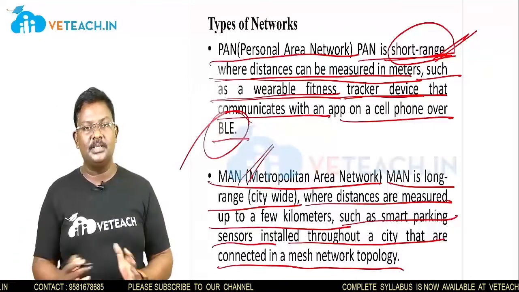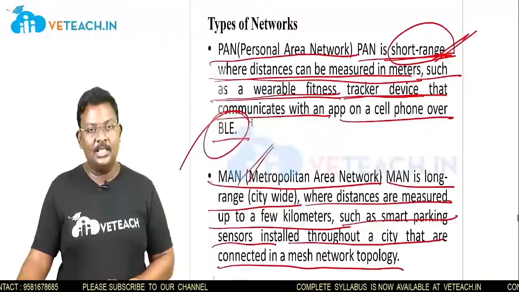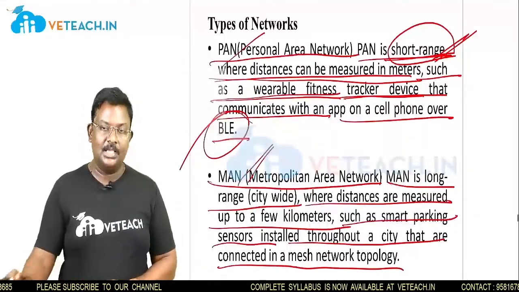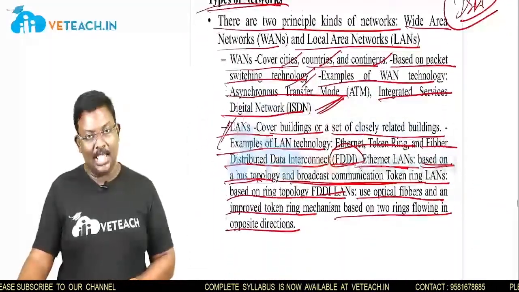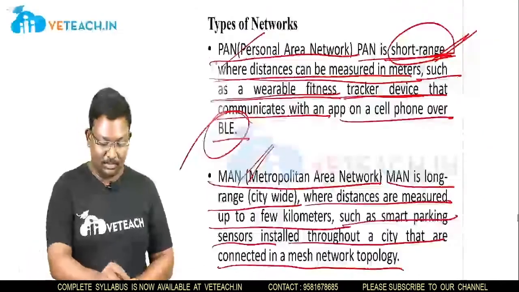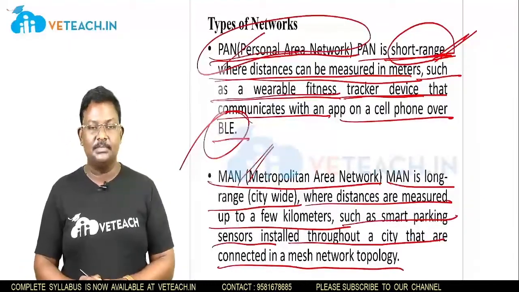Depending upon the application, we use the type of network. In IoT, most of the time we will use PANs as well as LANs. Most cases will go through personal area networks for IoT applications.